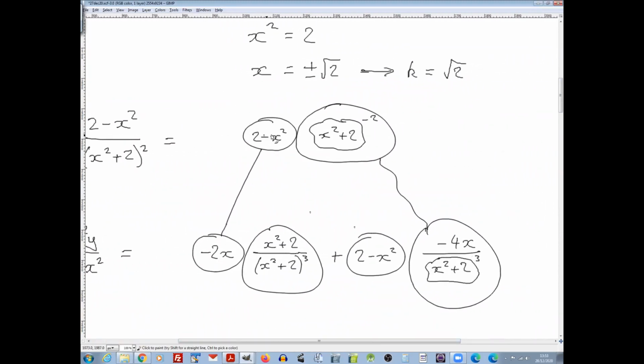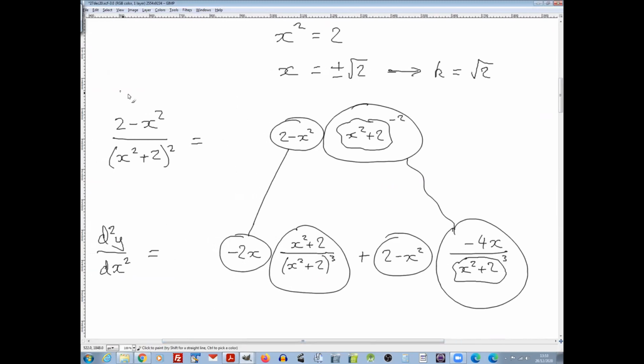Now we differentiated it as a product. Because wherever you've got a fraction, you could think of it as the numerator times 1 over the denominator, so a minus in the power there. So this is what's going on: you've got the chain rule embedded in a product rule.